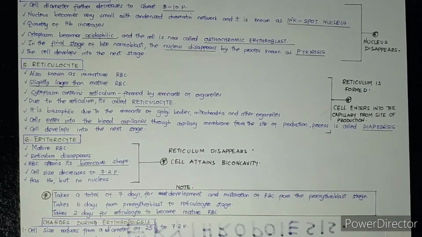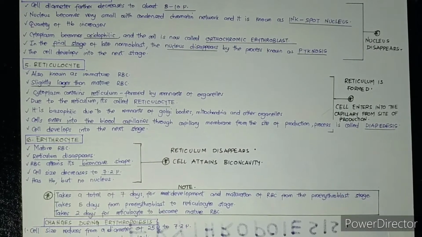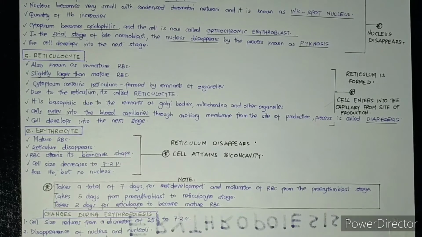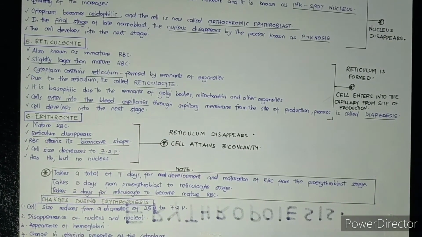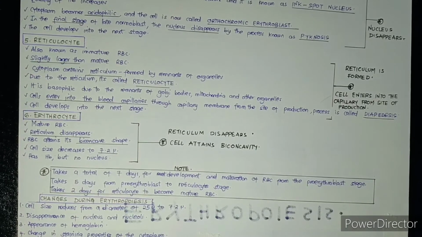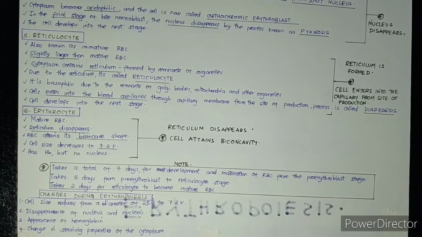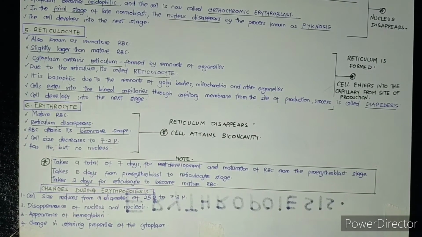The fifth stage is the reticulocyte. This stage is also known as the immature RBC. It is slightly larger than the mature RBC. The cytoplasm contains reticulum, which is formed by the remnants of organelles. Due to the reticulum, it is called reticulocyte. It is basophilic due to the remnants of Golgi bodies, mitochondria, and other organelles.